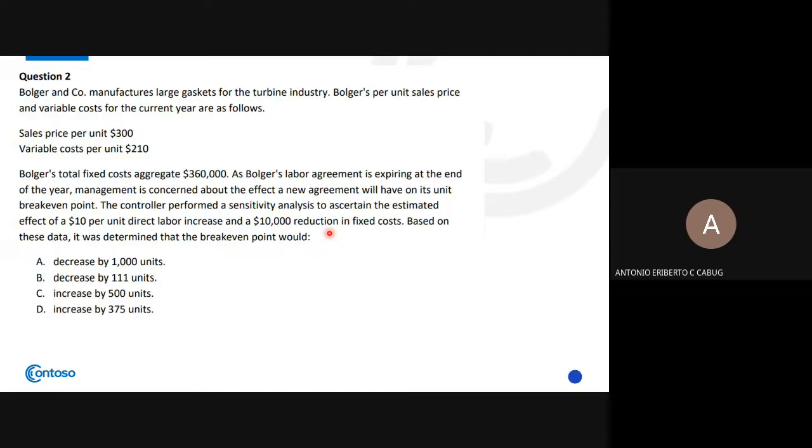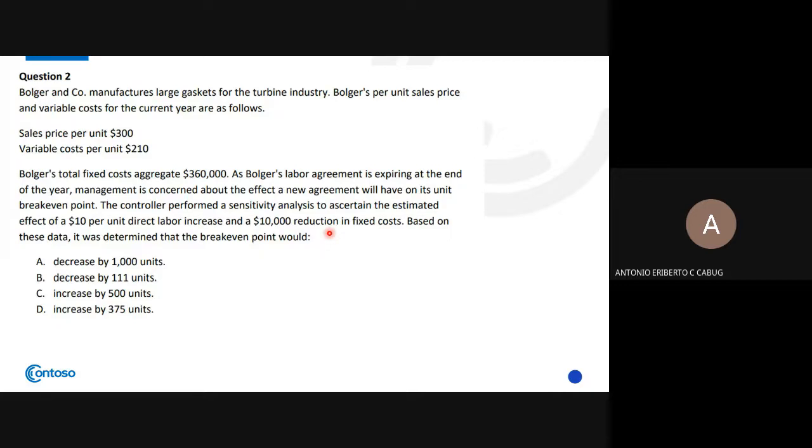Bolger and Company manufactures large gaskets for the turbine industry. Bolger's per unit sales price and variable cost for the current year are as follows. Sales price per unit 300, variable cost per unit 210. Bolger's total fixed cost aggregate $360,000. Bolger's labor agreement is expiring at the end of the year.